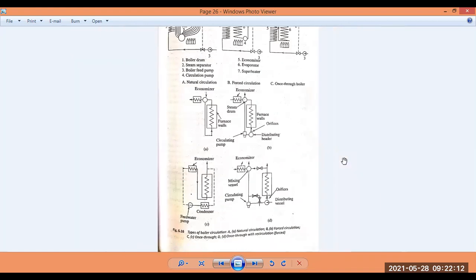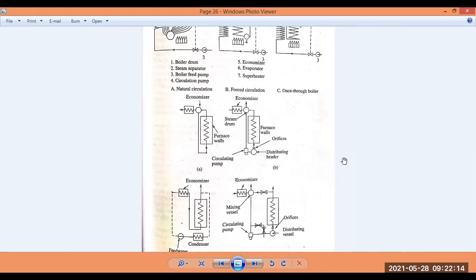It is the circulating pump. This is the schematic drum and circulating pump. Everything is given. What is shown here? This is the economizer. It is the superheater, furnace wall through which the tubes are going out in a circulating manner, and that goes to the economizer itself, then comes back to the circulating pump itself.